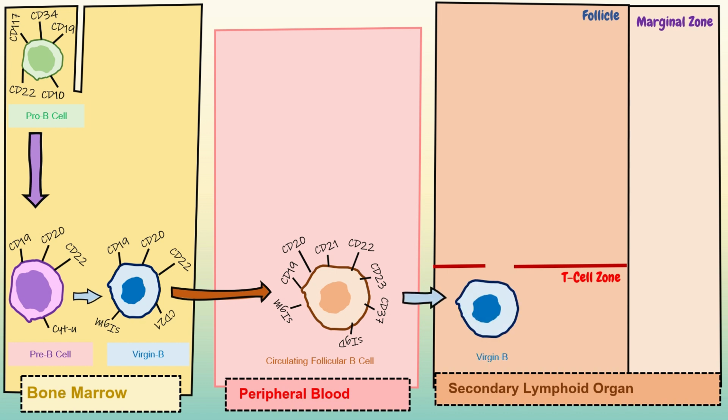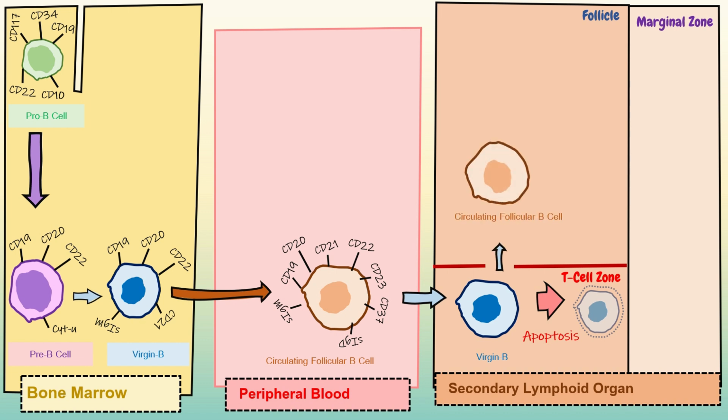This cell then enters secondary lymphoid organ. It then migrates to T-cell rich zone of peripheral lymphoid organ, where a process of selection occurs once more. All cells that have not received a survival signal from T-cell will die from apoptosis. The remaining B cells will enter lymphatic follicles.